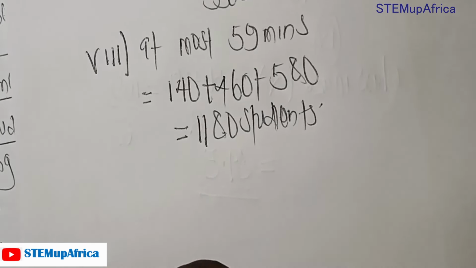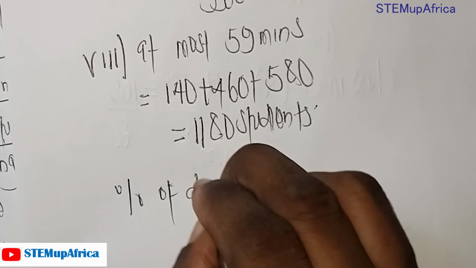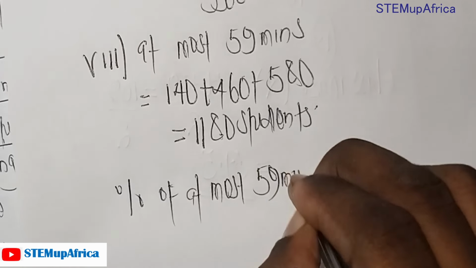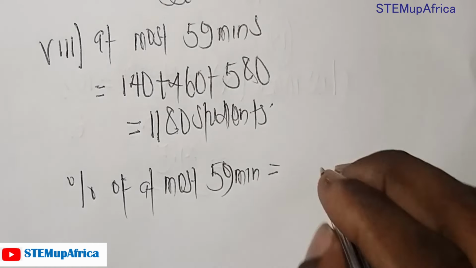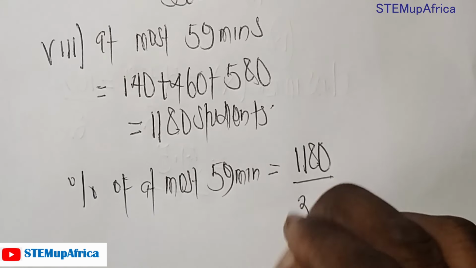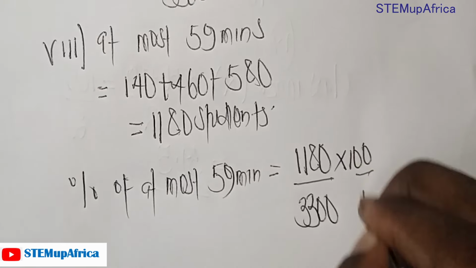So what is the percentage now? The percentage of at most 59 minutes will be 1180, which is the number of students that did that, over the total 330, times 100 over 1.